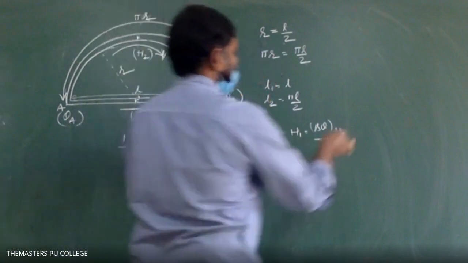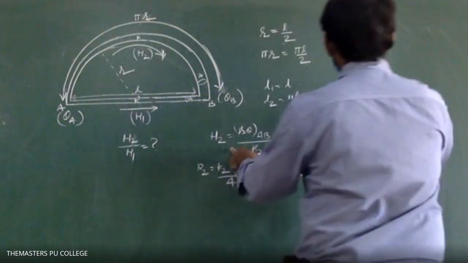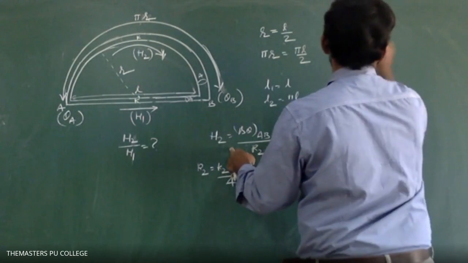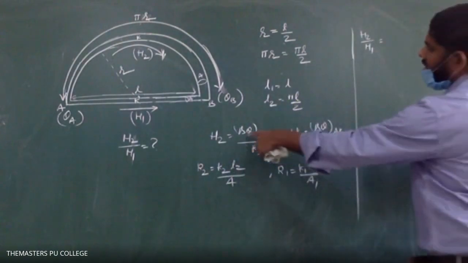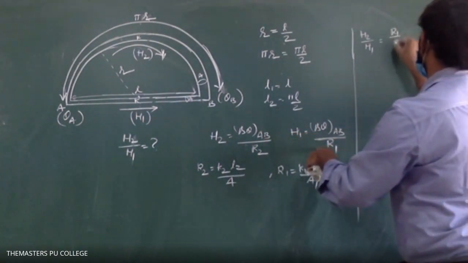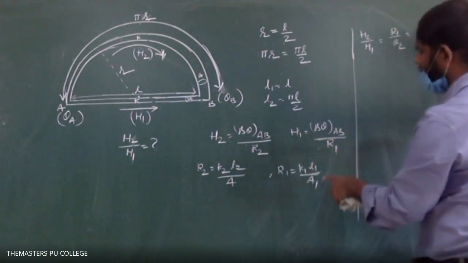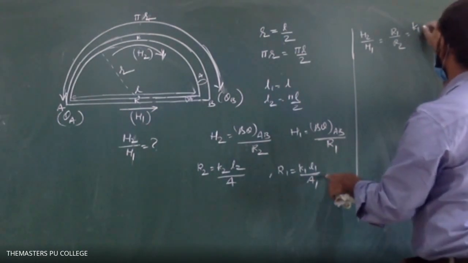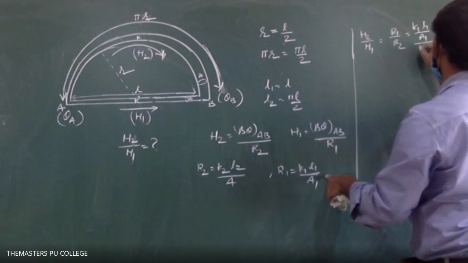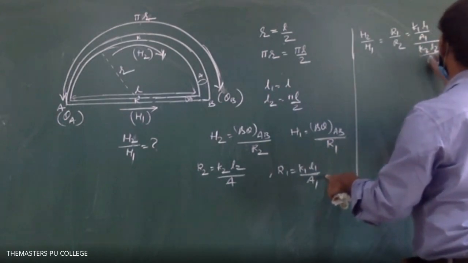So they are asking for the ratio H2 upon H1. Delta theta gets cancelled, then we will get R1 by R2. R1 is K1 L1 divided by A1, upon K2 L2 divided by A2.